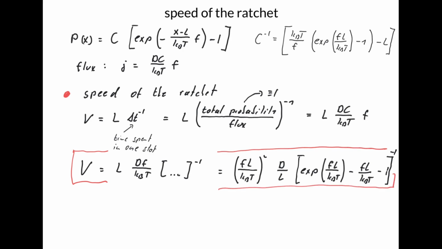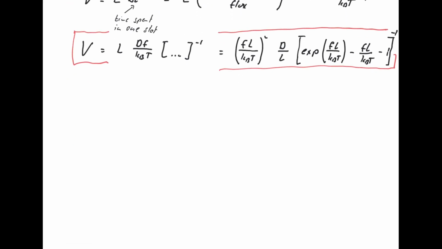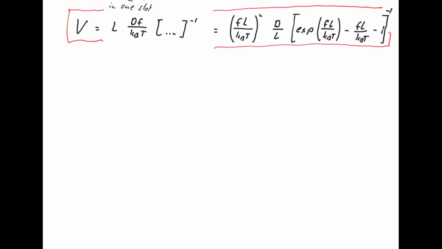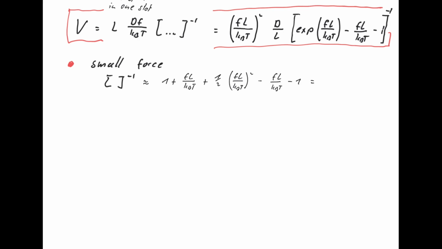So it's good, if you have such a complicated equation, to look for special cases. And the first one is what happens at small forces. Well, at small forces, the exponential factor we can linearize, and the exponent gives then 1 plus FL divided by kBT plus a half (FL divided by kBT) squared.